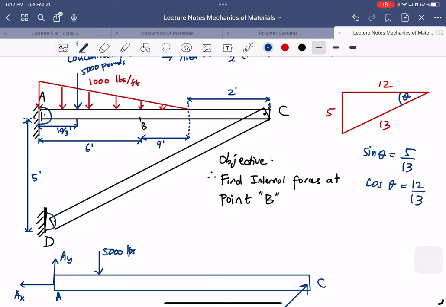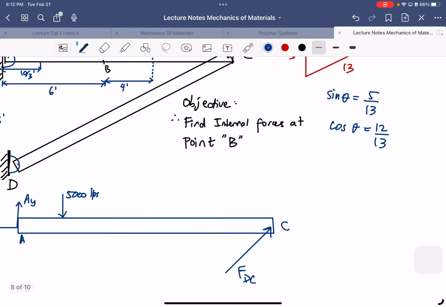Now we have all the components, so we can draw the angle here, and say that this part is FDC sine theta and FDC cosine theta.